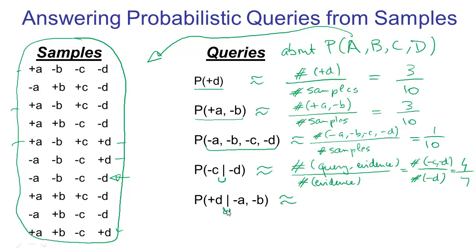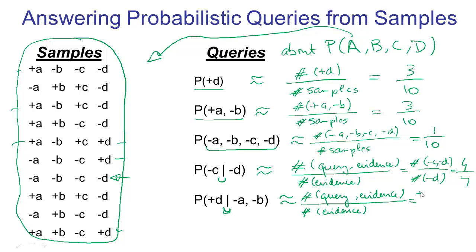Our next conditional probability query, again we answer this query using as our estimate the number of times we see the joint instantiation of query and evidence variables divided by the number of times we see the evidence variables.